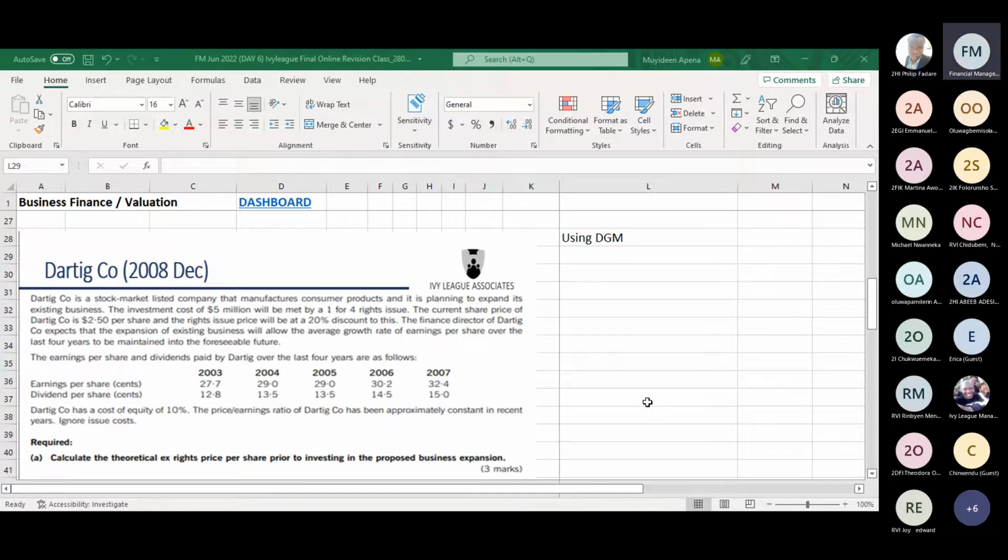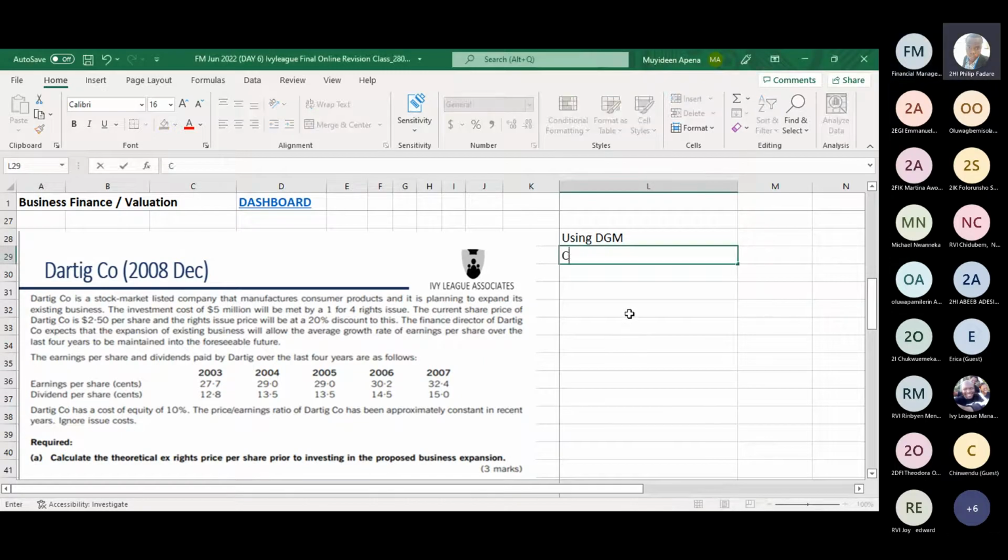So what else do we have? We know the dividend, we also know the growth, and we know the cost of what? The cost of equity. So can we apply it? Yes. Okay.